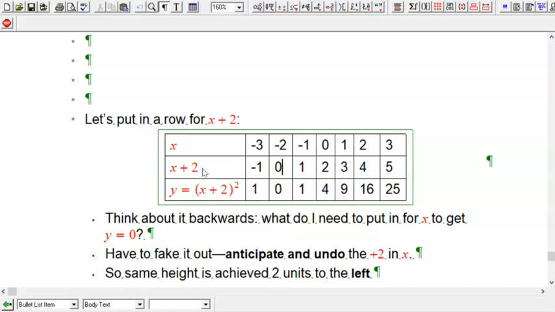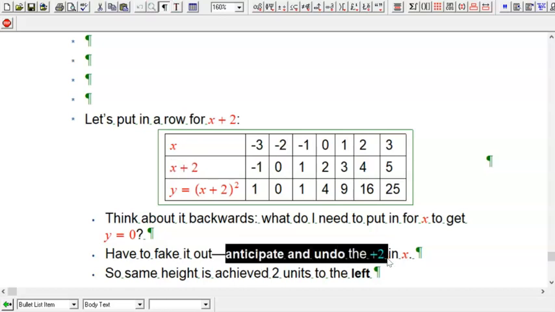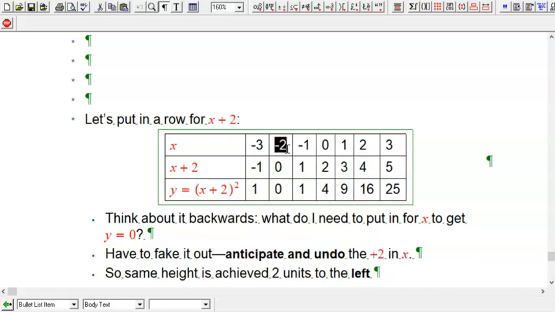But if that is the input plus 2, I have to anticipate and undo the plus 2 in x. So to get that vertex, that bottom point, y equals 0, I purposely put in a minus 2. I can think of it as cleverly changing my input. Then the +2 cancels, and I get the 0 out.